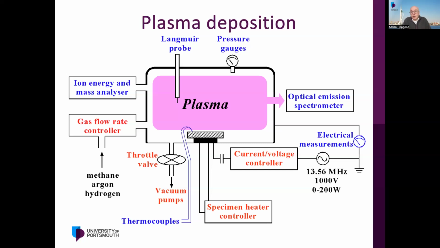So the overall process of controlling this equipment required multiple agents working collaboratively as a team, and I've highlighted the symbolic AI used in an agent for controlling the pumps, a fuzzy logic agent for controlling the electrical parameters, an optical emission spectrum analyzer agent using machine learning and neural networks, and finally the Langmuir probe optimization agent using genetic algorithms, all, as I say, working collaboratively as a team.